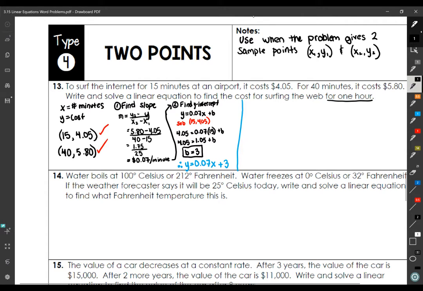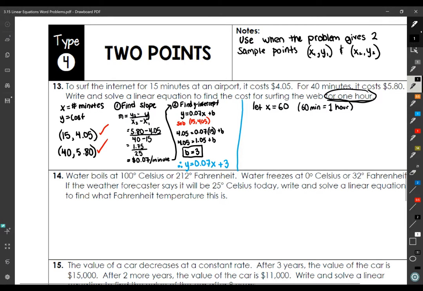Definitely not, because x is the number of minutes. So 1 hour is equal to 60 minutes, so I'm going to let x equal 60, because 60 minutes equals 1 hour.